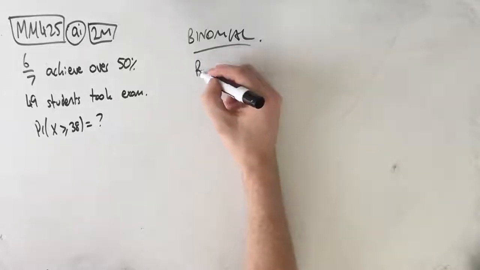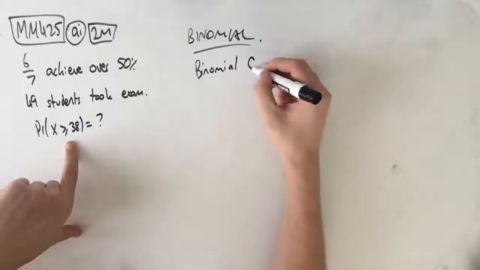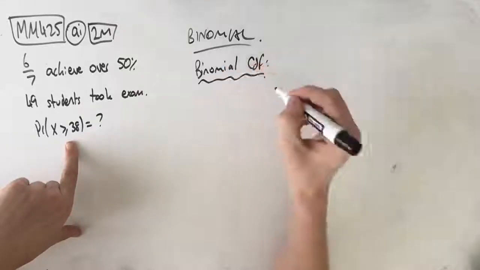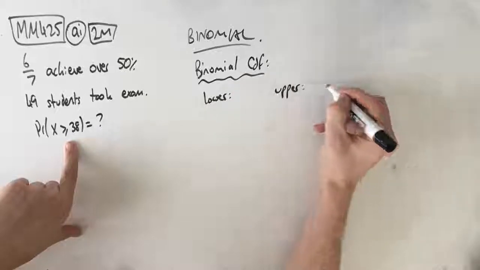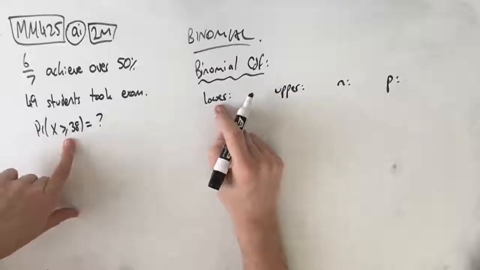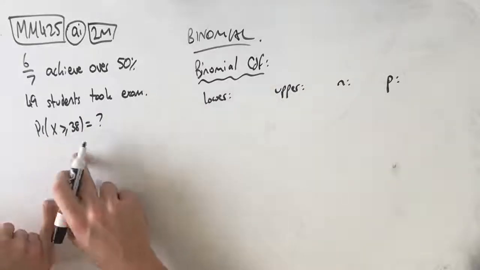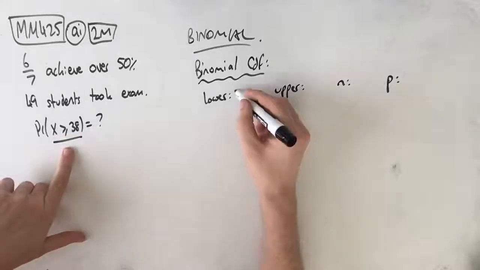So what we're going to do is go into our binomial CDF, because we've got a range of values that we want to find the probability for. And it's going to ask us for lower, upper, N, and P. So our lower is our lower bound of our range of values that we want, which is 38.